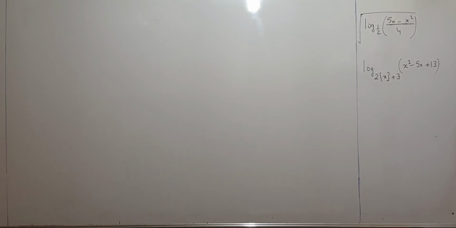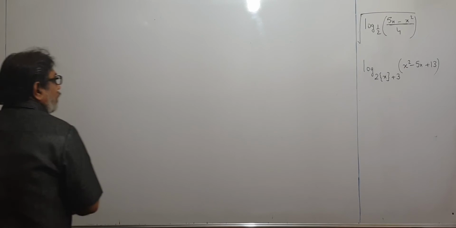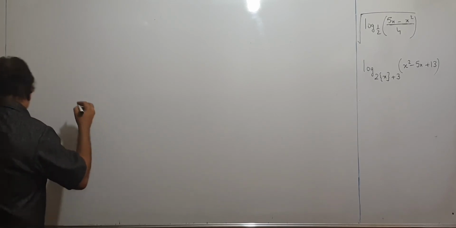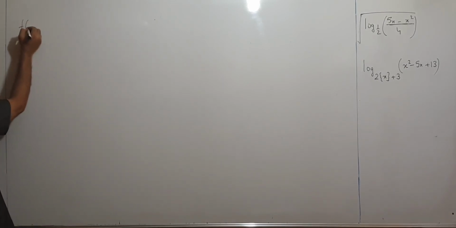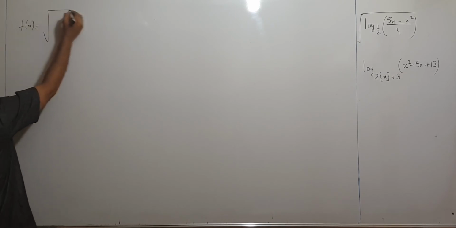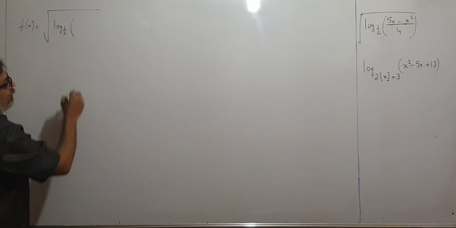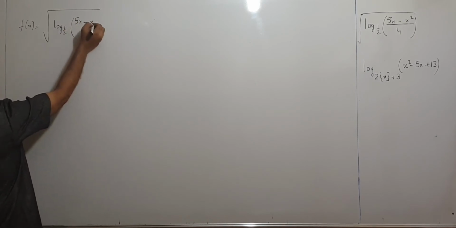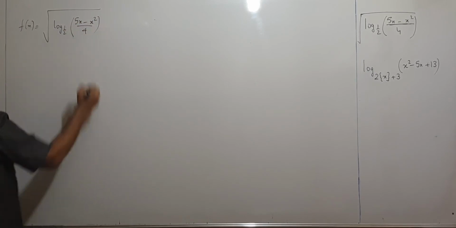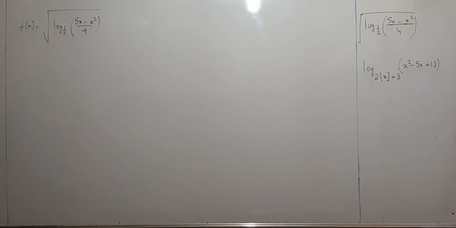Okay, children. One more sum is there. I have got f(x) equals square root of log base half of (5x minus x square upon 4). Like this I am having. So inside the root, this should be greater than or equal to 0.